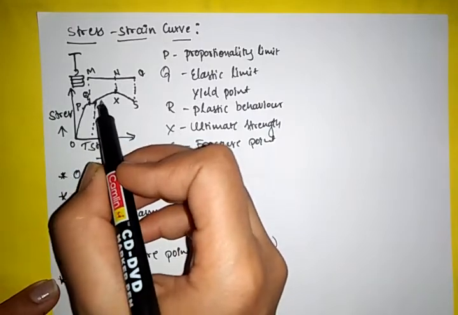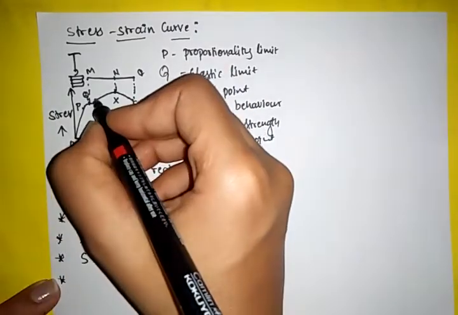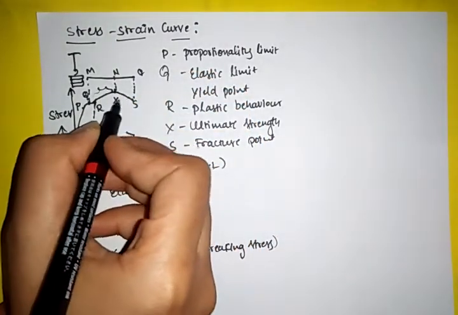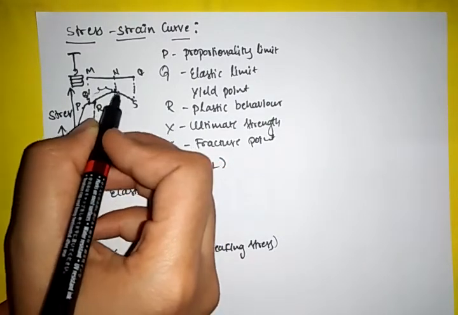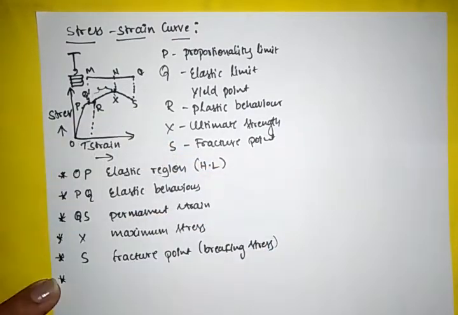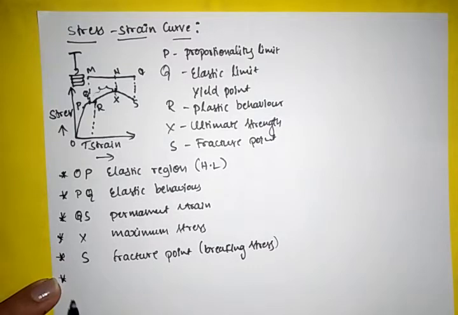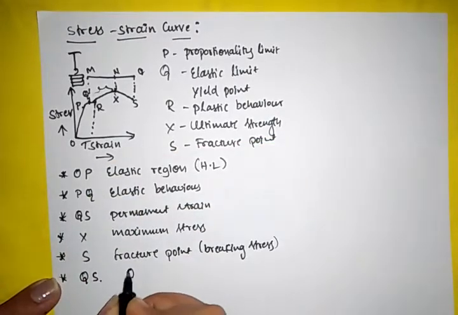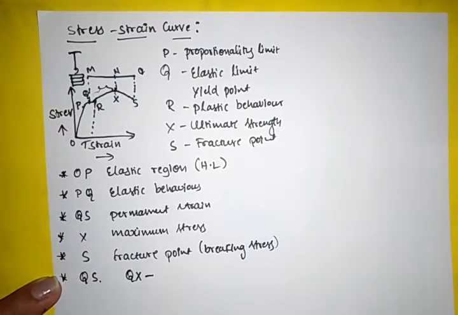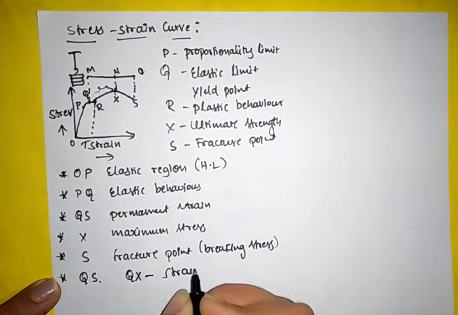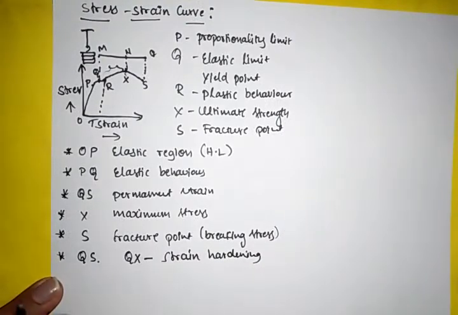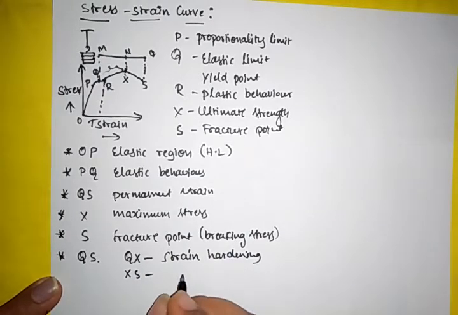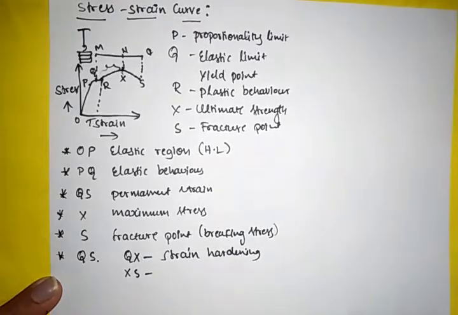In the region QX, hardening takes place, and in the region XS, the material softens under reduced stress. The region between Q and X is called strain hardening, and the region between X and S, which softens under reduced stress, is called strain softening.